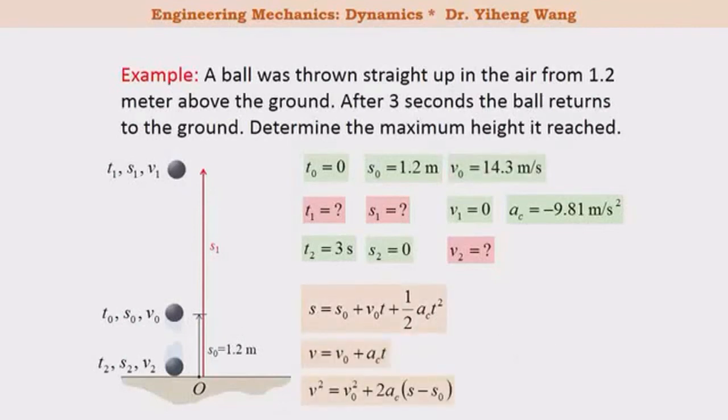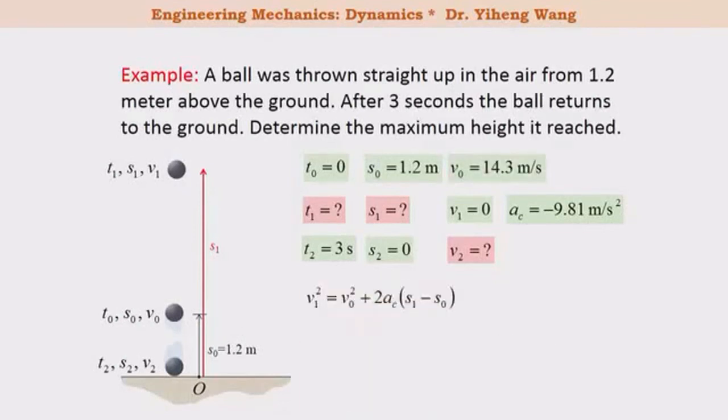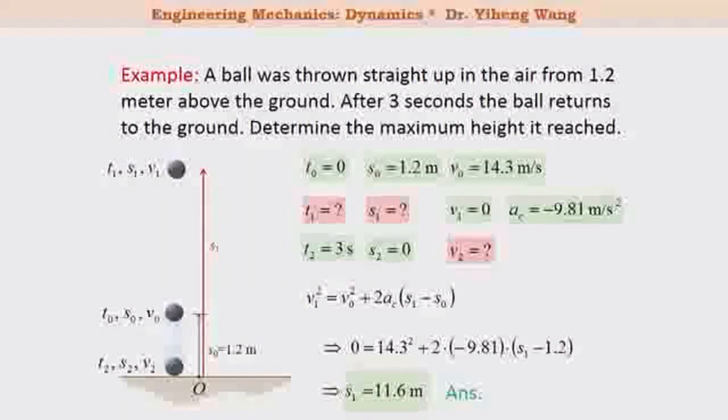With this new information, I applied the third equation between the initial state, state 0, and state 1, when the ball was at its highest position, and solved for s1 to be 11.6 meters. And that answers the question.